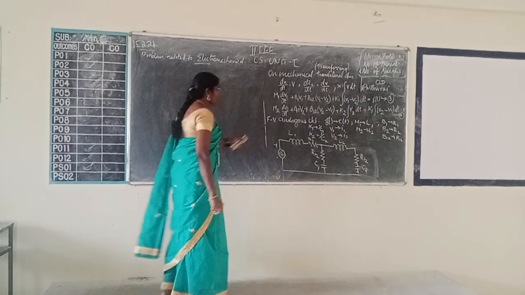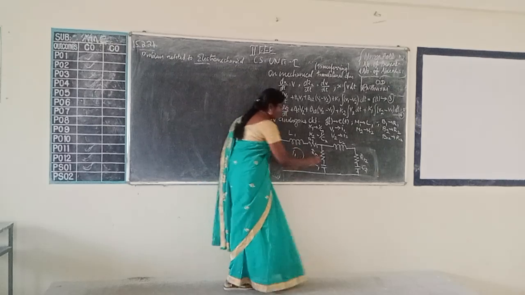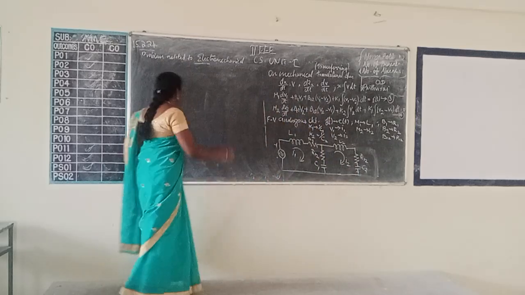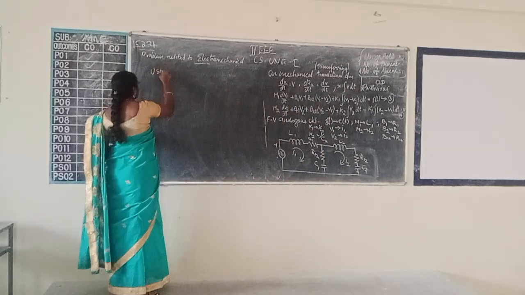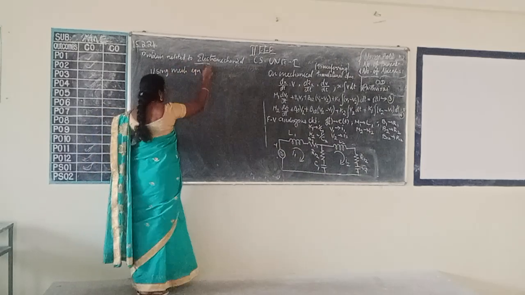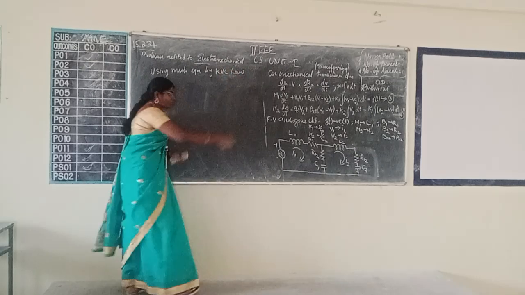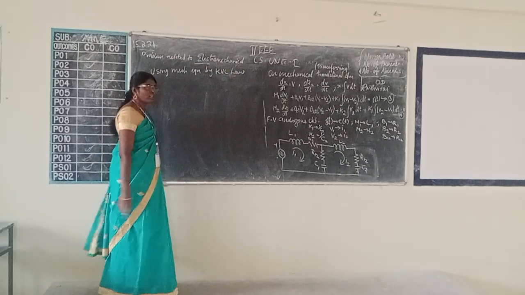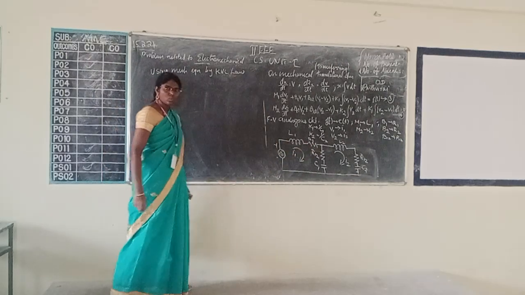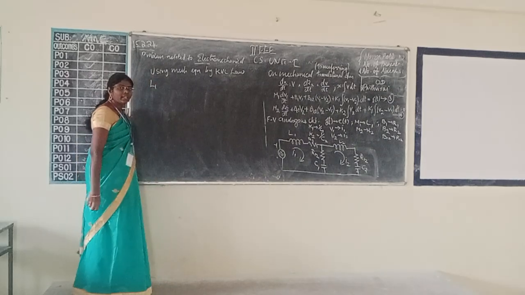Now using mesh analysis, the current flowing here is I1 and the next current flow is I2. So shall we apply KVL? We apply the mesh equation by applying KVL for the source loop. Here is I1, there it is I2. So for the inductance, how do you write it?